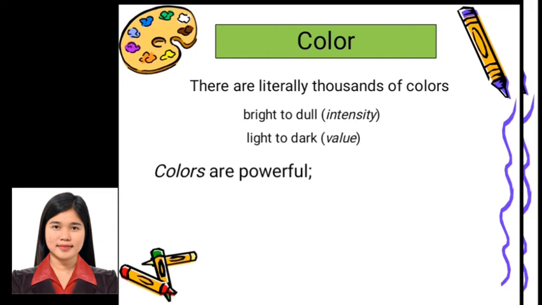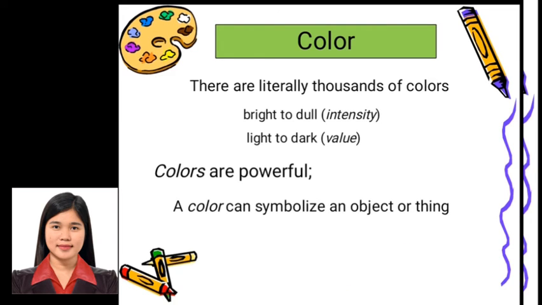Colors are powerful. They can make objects seem to glow, to come forward and recede, or to appear bigger or smaller. Colors can also be symbolic, with meanings that change from culture to culture.